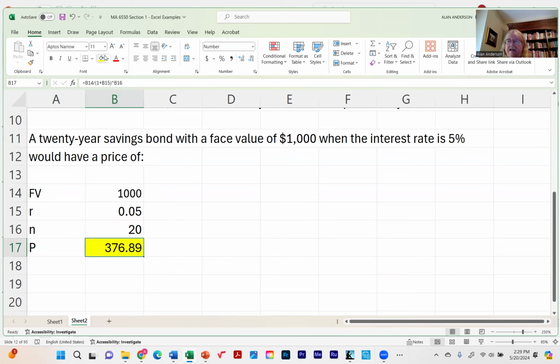So I buy it today for my child's college, let's say, and I pay 376.89, and in 20 years, it'll be worth $1,000.